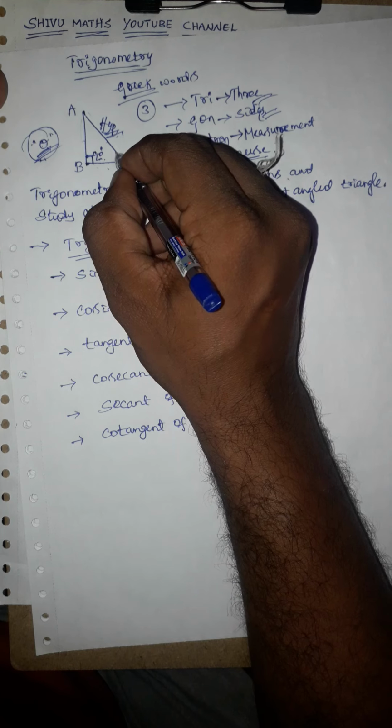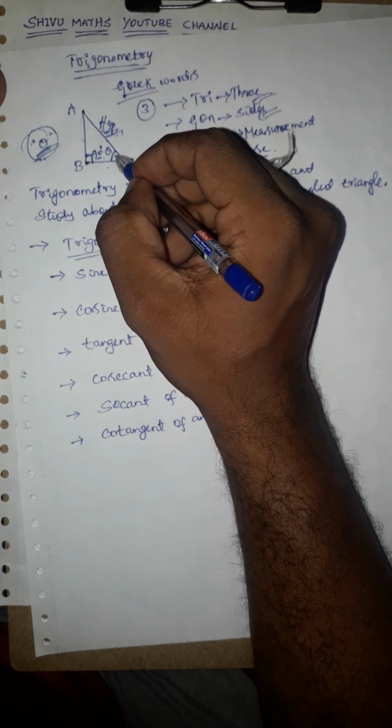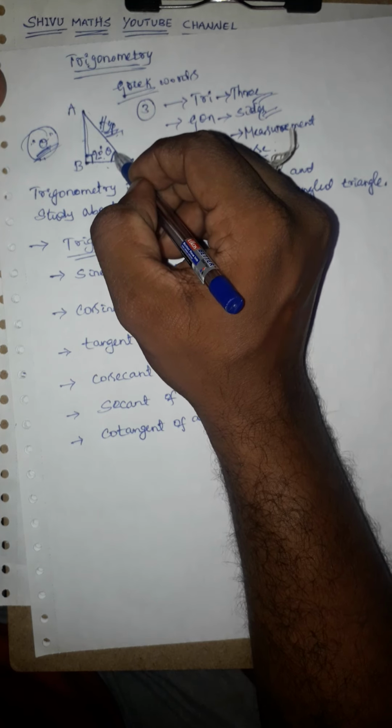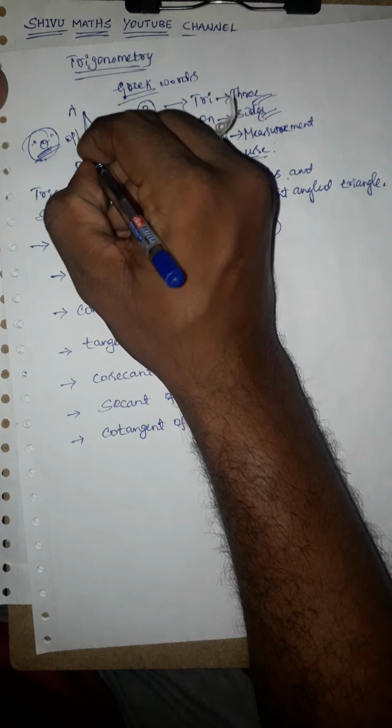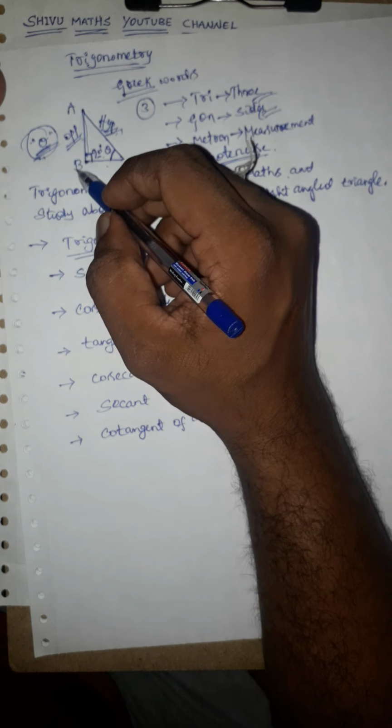Say I consider C as the reference angle, that is theta. The side opposite to the reference angle theta, we call the opposite side.